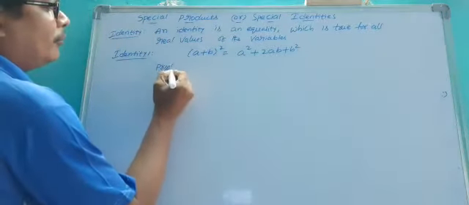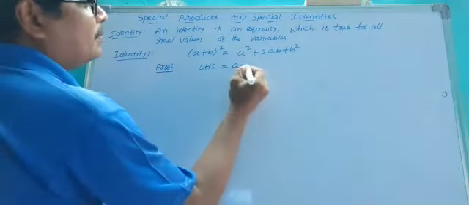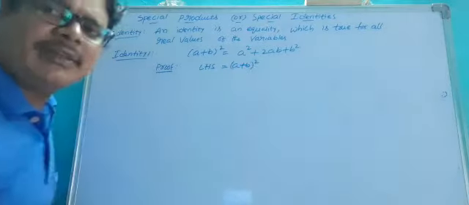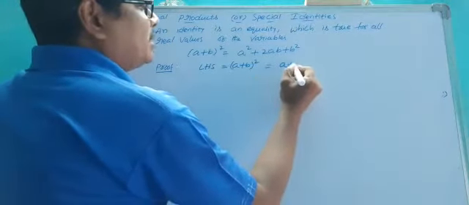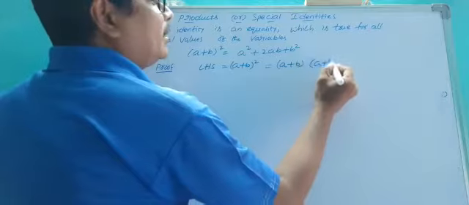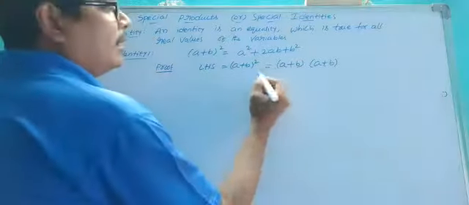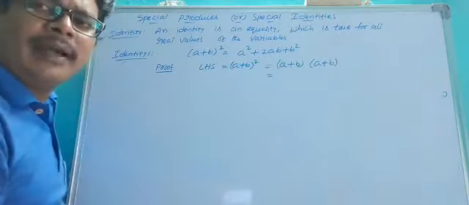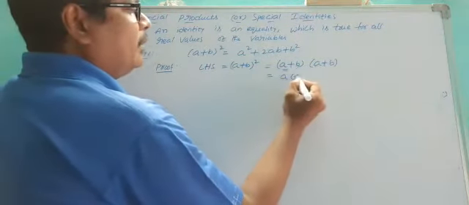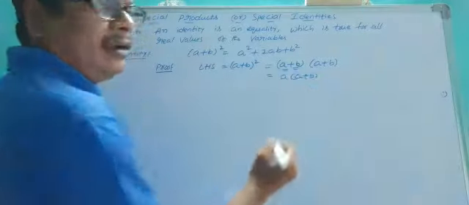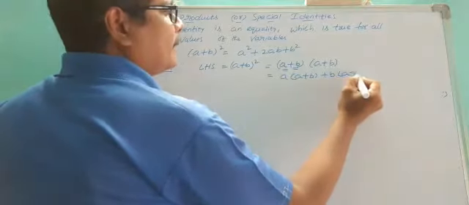Very simple proof. You take LHS, (a + b) whole square. (a + b) whole square means (a + b) multiplied two times, so (a + b) into (a + b). You already know how to find the product. First you take a into (a + b), and then the second term of the first binomial, plus b into (a + b).